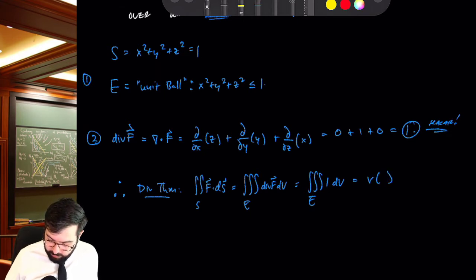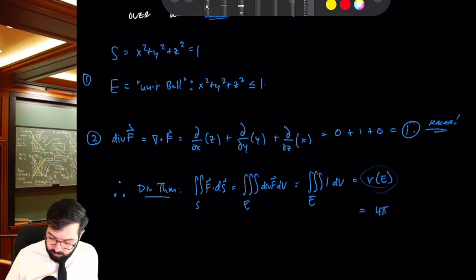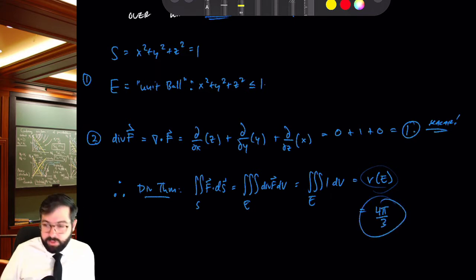We'll call that E. And what's the volume of a sphere of radius 1? 4/3 pi r cubed. Radius is 1, so we've just got 4 pi over 3.